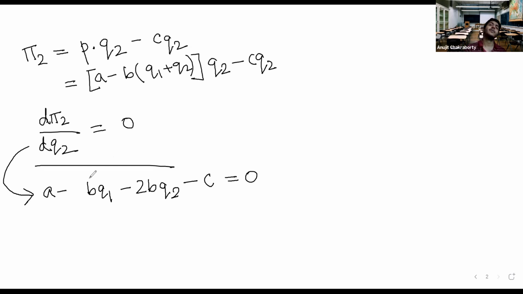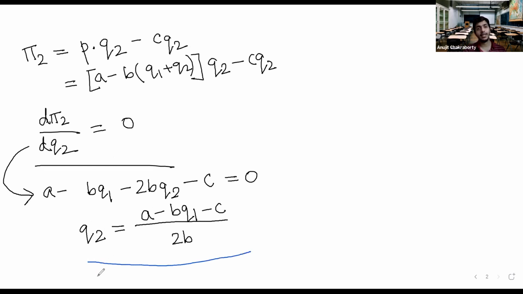Okay? If you get that, then you should also be able to get that firm 2's best response is Q2 equal to (A minus BQ1 minus C) divided by twice B. This is firm 2's best response.